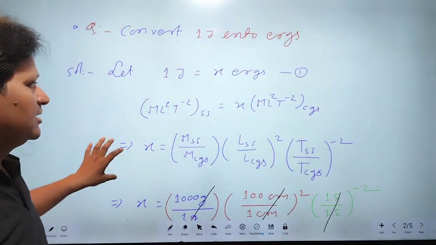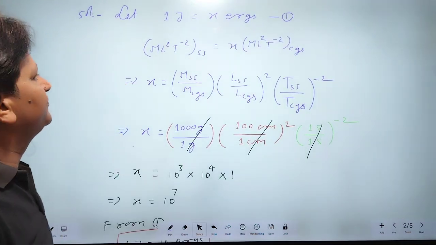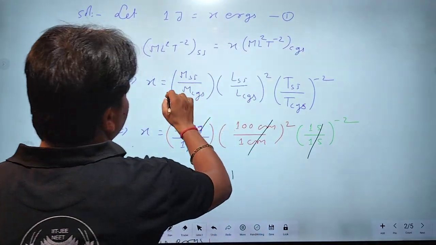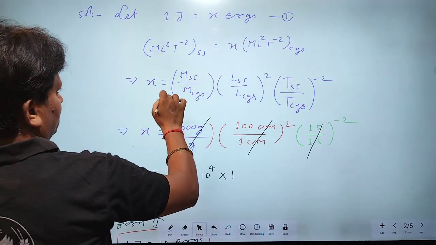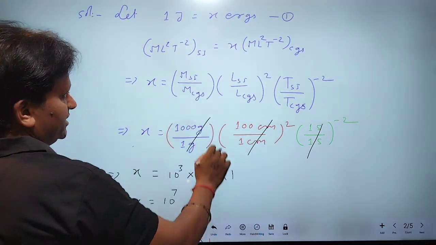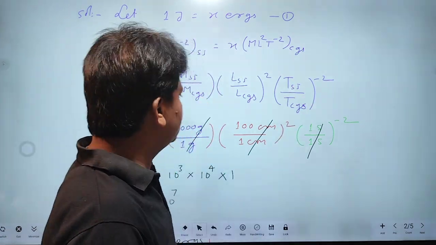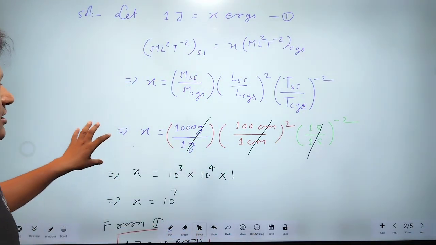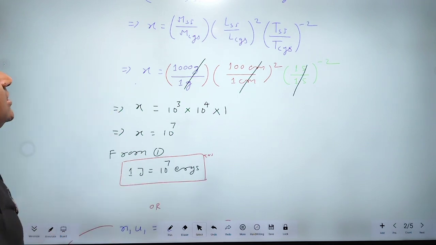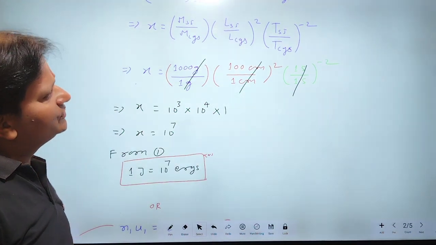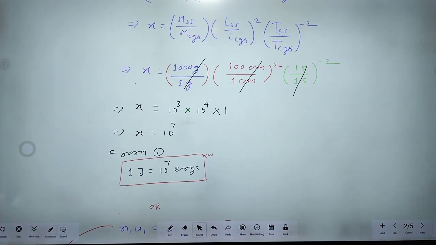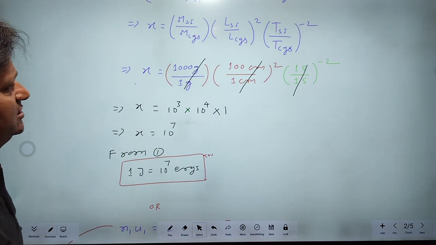The value of x will be equal to m SI upon m CGS, L SI upon L CGS to the power 2, T SI upon T CGS. Now I am going to put the value of all quantities into CGS.